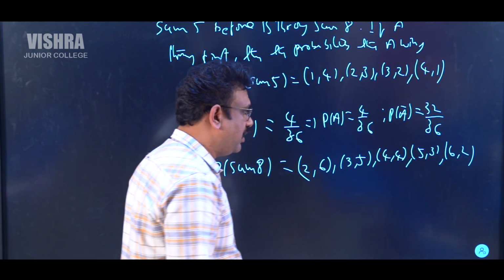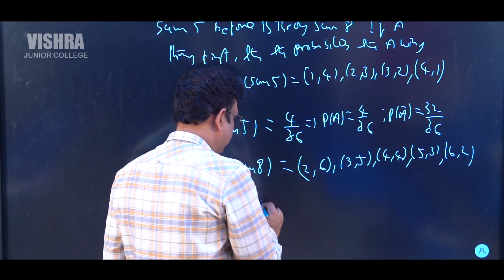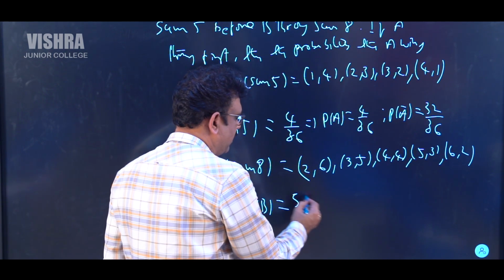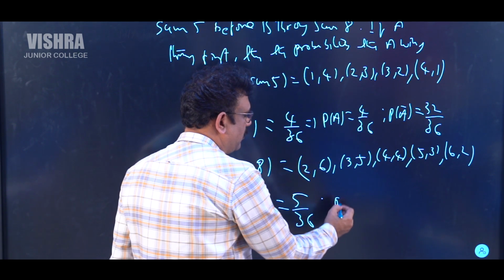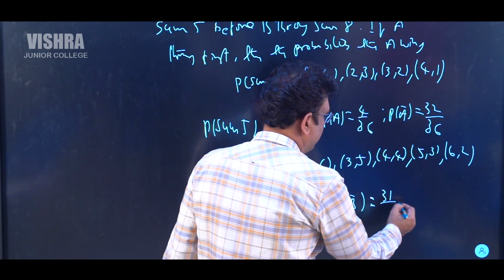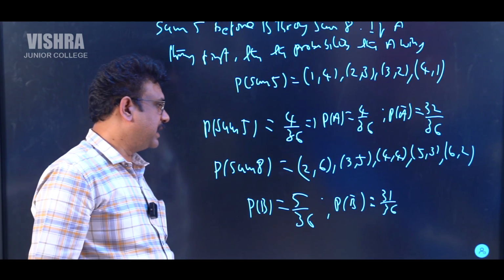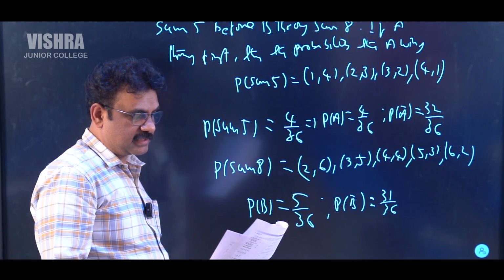That is 1, 2, 3, 4, 5. So 5 by 36. This is called probability of B, 5 by 36. Probability of B complement is equal to 31 by 36.